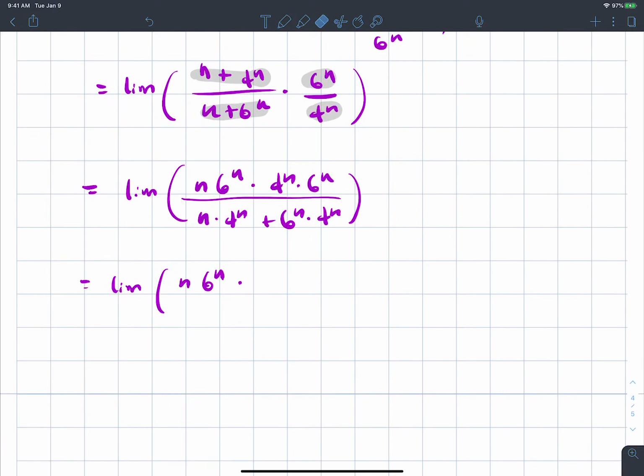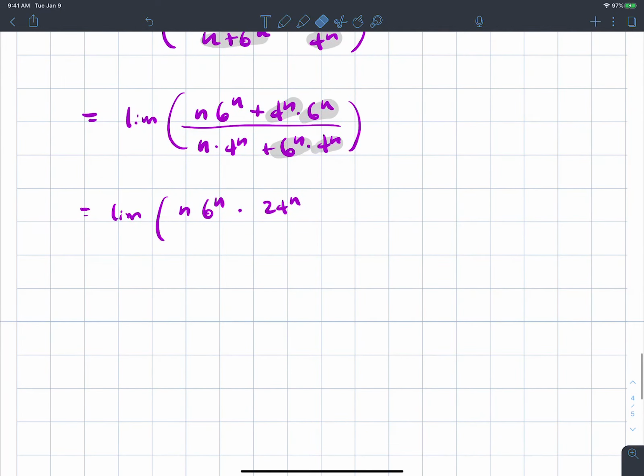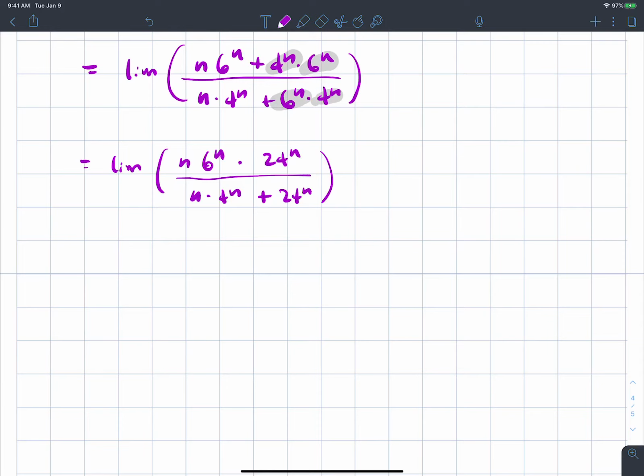Yeah, there's a plus there. And using properties, that's 24 to the n now, right? We're going to multiply these two. Same thing down here. So you get n times 4 to the n, plus 24 to the nth power here. Let's see if we can make this a little bit clearer, a little bit nicer.